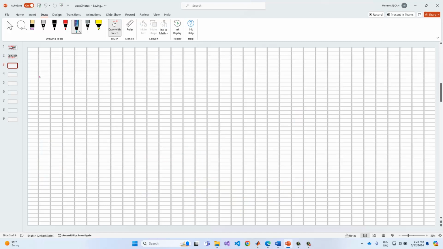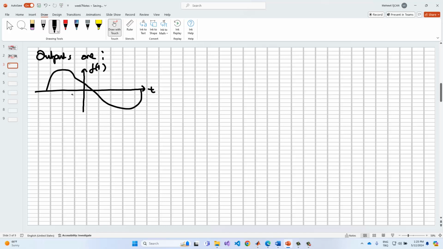Just see that if we apply the outputs, it can be summarized with the following. For example, if we apply the F(t) signal here in time, we can use the sinus signal here, just like this one, okay?